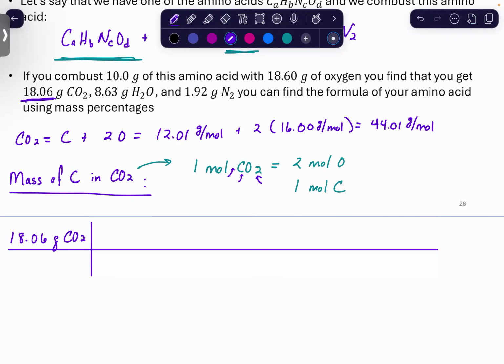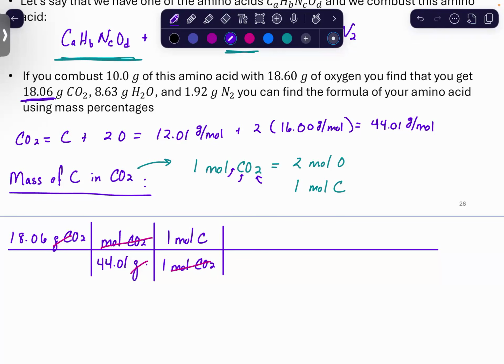Okay, so the molar mass of CO2, we're going to divide by it to cancel out the units of grams. Okay, so grams is gone. Now, because I'm trying to find just carbon, in 1 mole of CO2, I have 1 mole of carbon. And so that's moles of CO2 over moles of CO2. Those divide out.